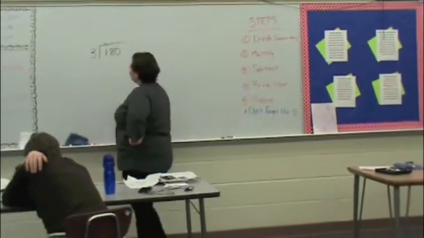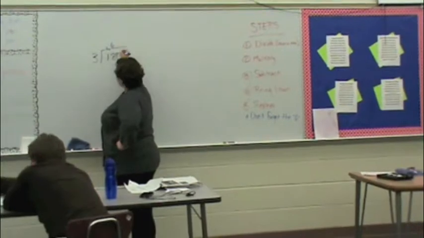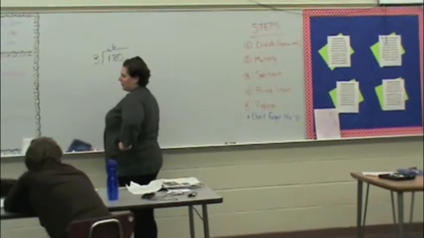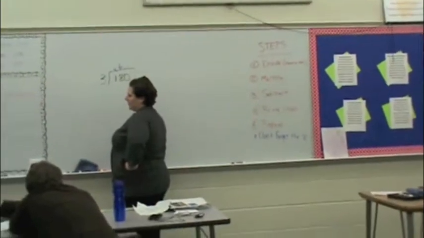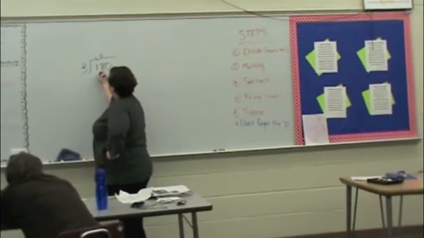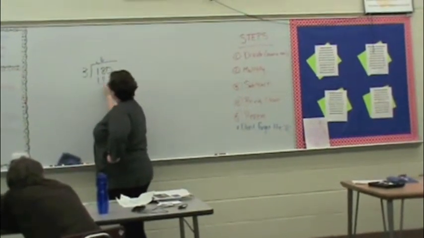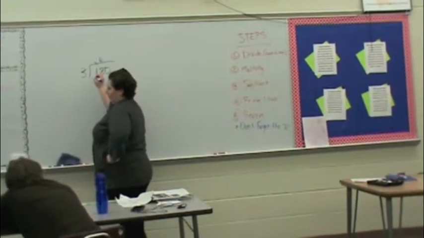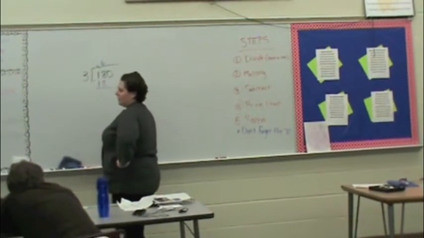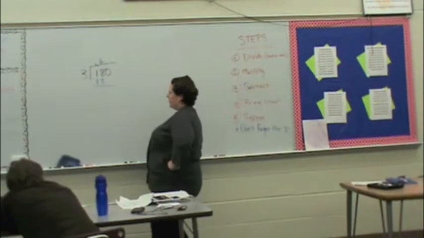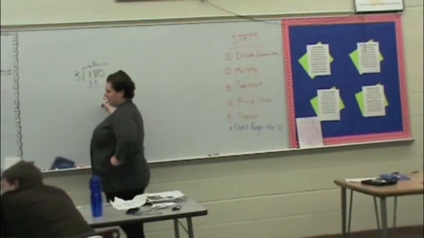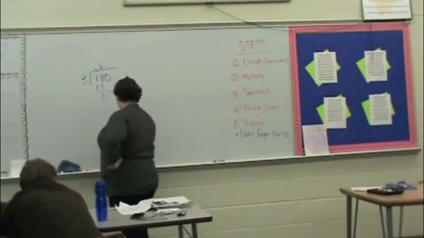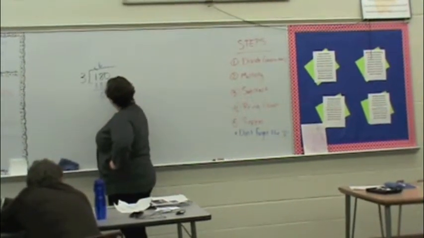So what's 3 times 6? 18. So what's my next step? What's 18 minus 18? 0. So now I gotta bring down my other 0, right?